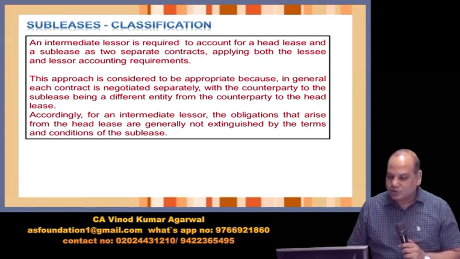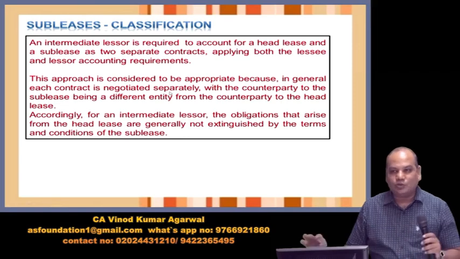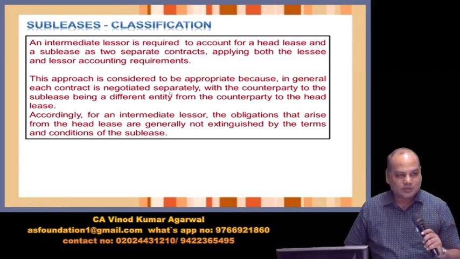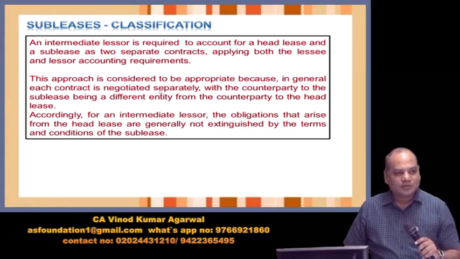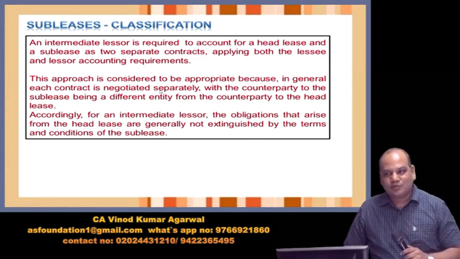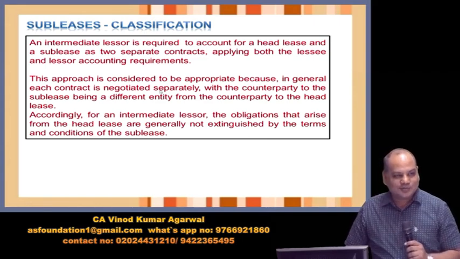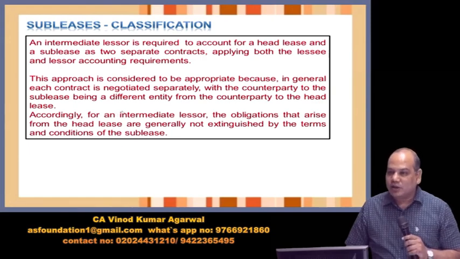So this approach is considered to be appropriate because in general, each contract is negotiated separately. There are contracts with two parties and those two parties are different parties. Will it be the same party? Chances are rare that you take the asset on lease from one party and again give it to that same other party also, with the counterparty to the sublease being a different entity from the counterparty to the head lease.